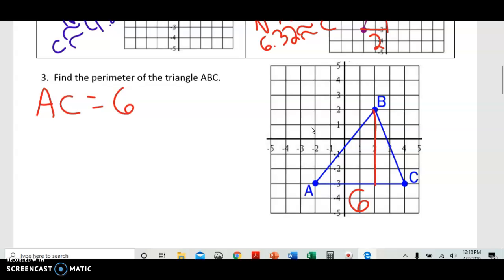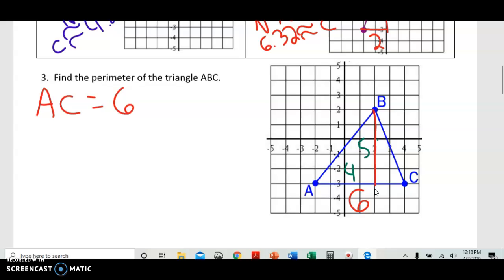Now we're going to try to find AB. So we're going to change colors here. Okay, so this leg of the triangle that is created here with AB and then this vertical line, this unit right here is 1, 2, 3, 4. 4 units. This line, the vertical, is 1, 2, 3, 4, 5.